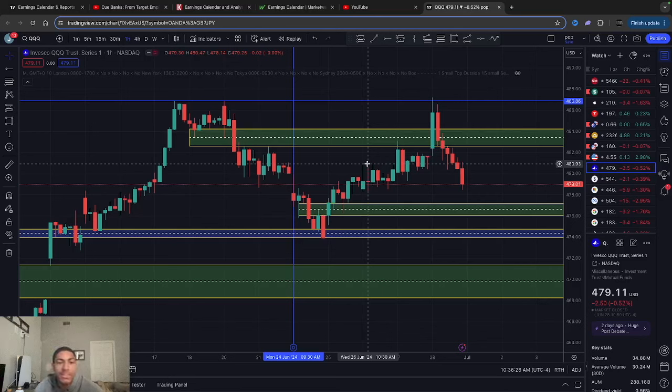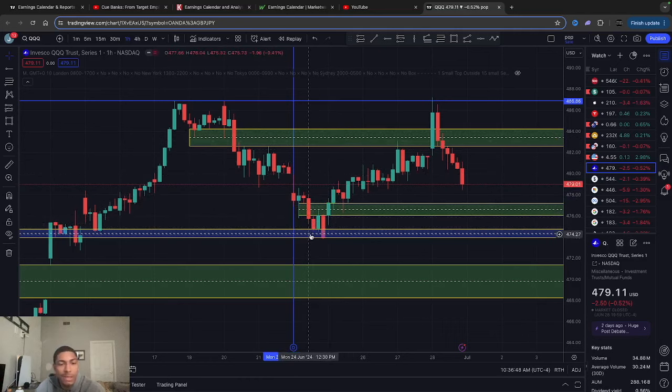Make sure you're paying attention to news. Make sure you're paying attention to earnings, because earnings can wipe this whole thing's clean slate off. But if you use this strategy with earnings and you see a midpoint here, right? And earnings, the company, price is supposed to go up, but you're very unsure.